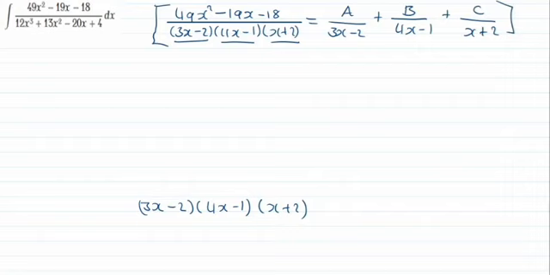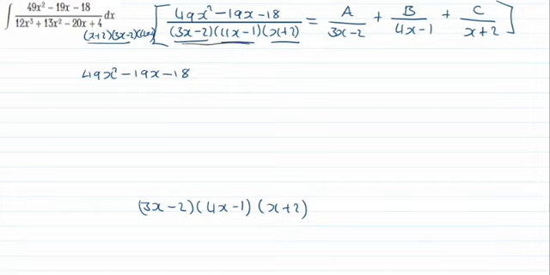So we'll multiply this by x plus 2 multiplied by 3x minus 2 multiplied by 4x minus 1. So multiplying this throughout, it's going to give us 49x squared minus 19x minus 18. This whole thing will cancel out with this whole thing that we have in the denominator.